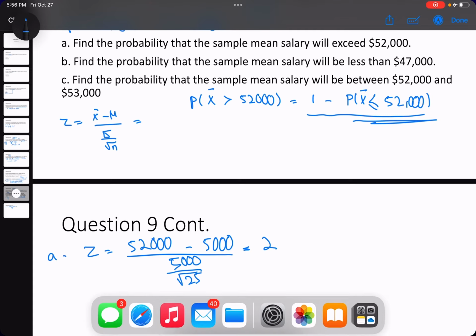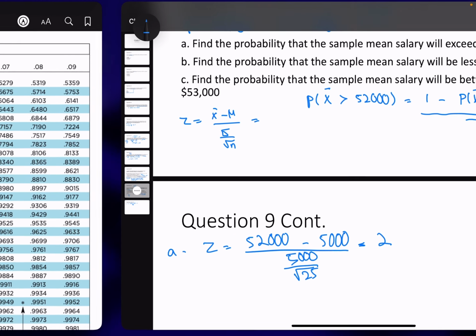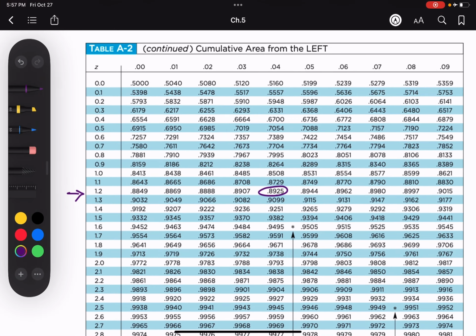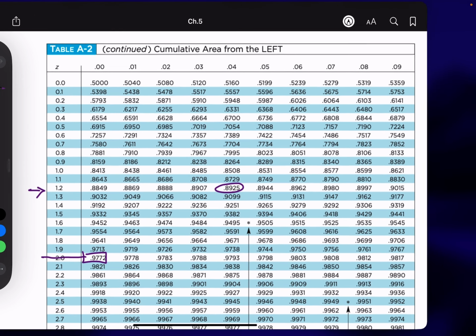Using table A2 to get the z score as 2, the z value would be 0.9772.